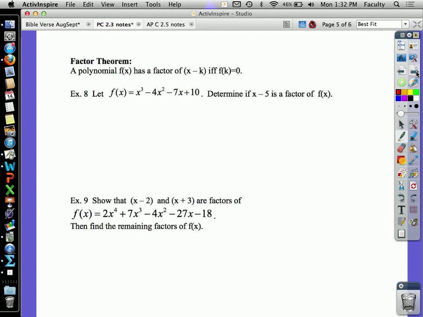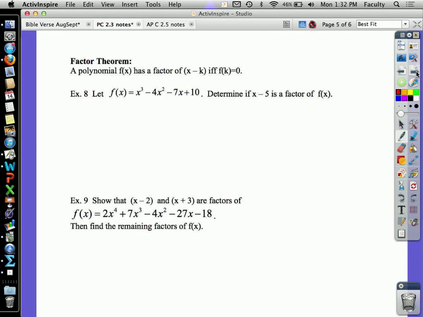The converse is also true: if a squared plus b squared equals c squared, then you have a right triangle. But that's not true for all theorems. So when you see this, this is a theorem. If and only if means if f of k equals 0, then I know x minus k is a factor. So you can go forwards and backwards with this.